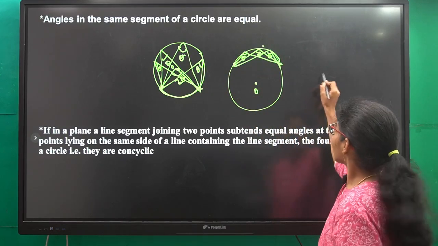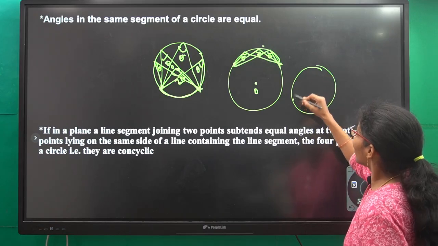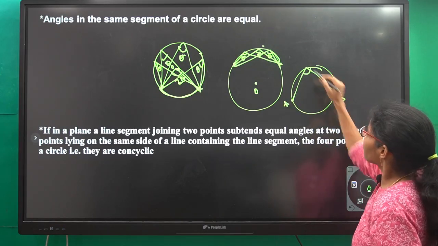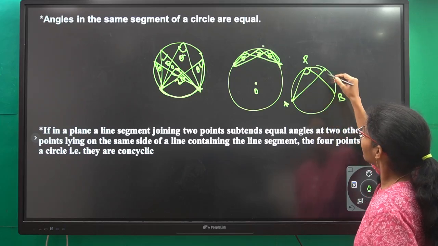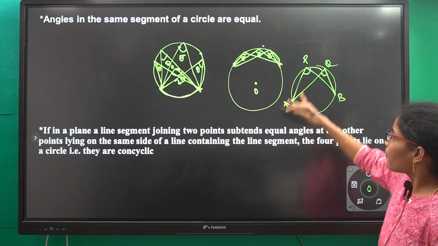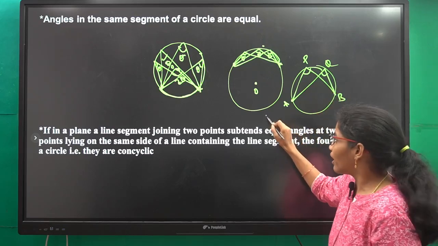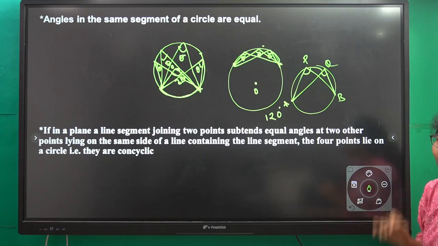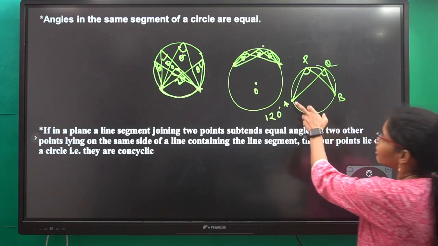Clear this one, right? So suppose I have here A, B and P, like this. So angle APB plus angle AQB equals 120 degrees. Okay, angle APB plus angle AQB equals 120 degrees. So tell me, how much is APB now?